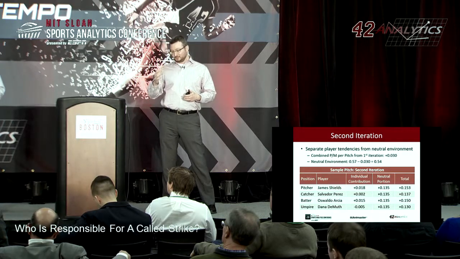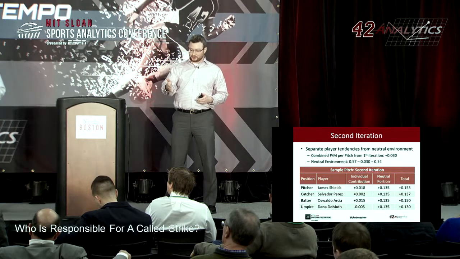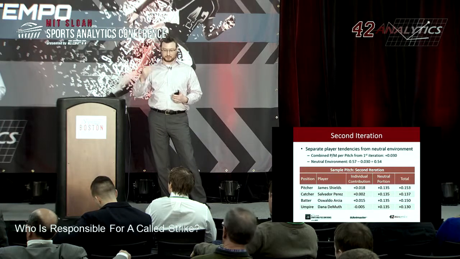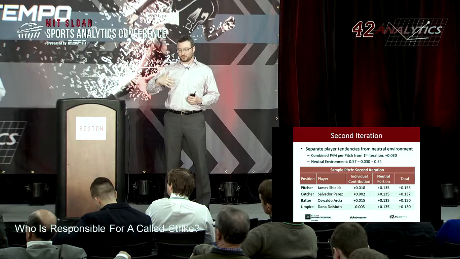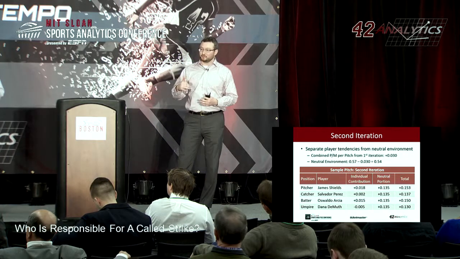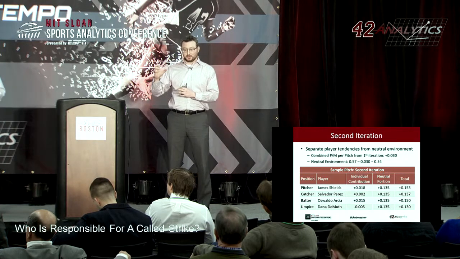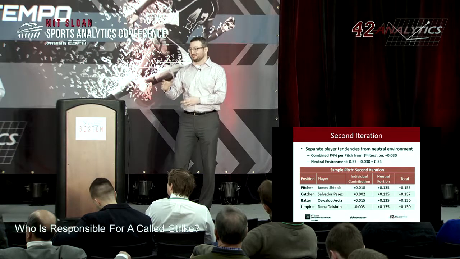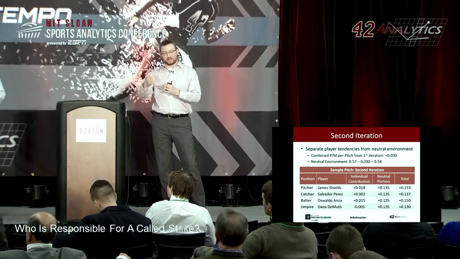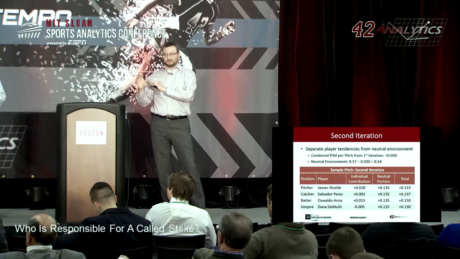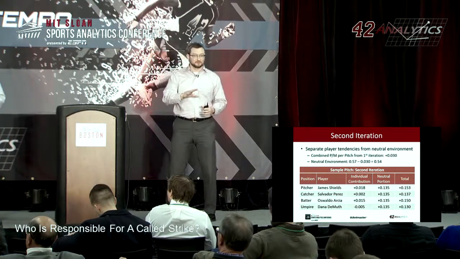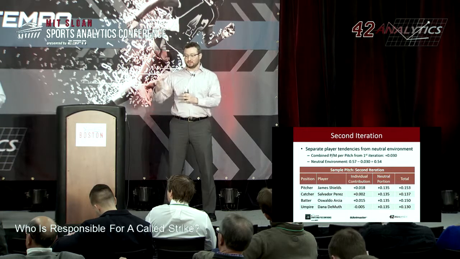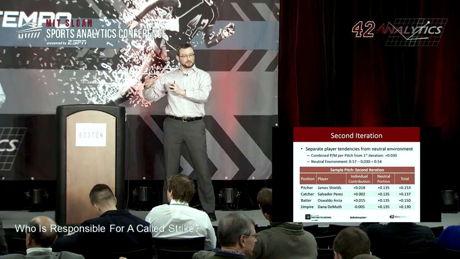So essentially, if you add up the individual contributions of all four of these, the 0.018 for Shields, the 0.002 for Perez, the 0.015 for Arcia, and the negative 0.005 for DeMuth, you get exactly 0.03. If we subtract that, the combined individual contributions of each, from the total 0.57 of the pitch, you're left with 0.54. That's what's attributable to the neutral environment.